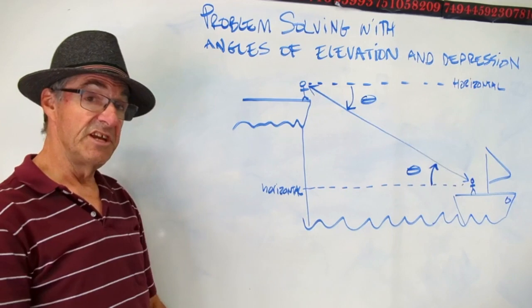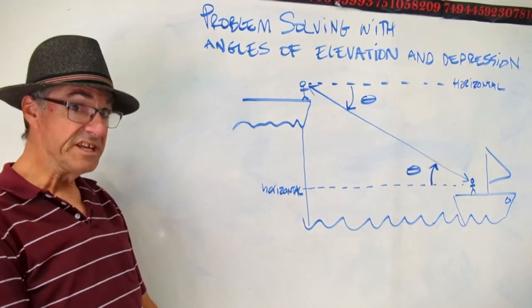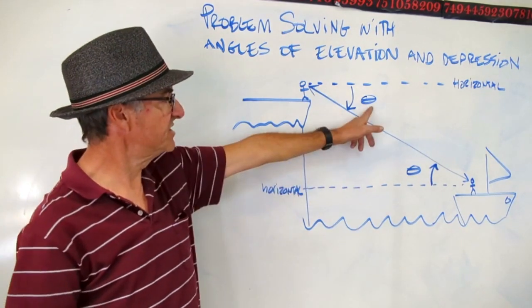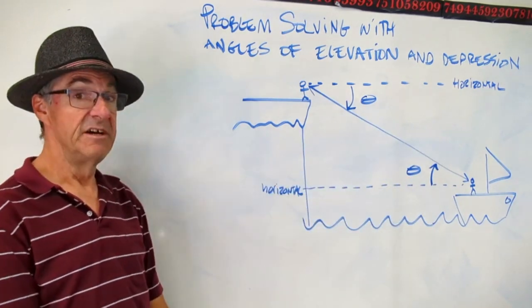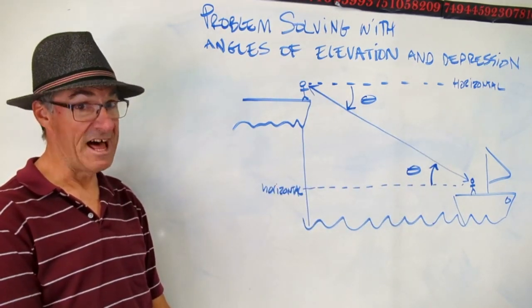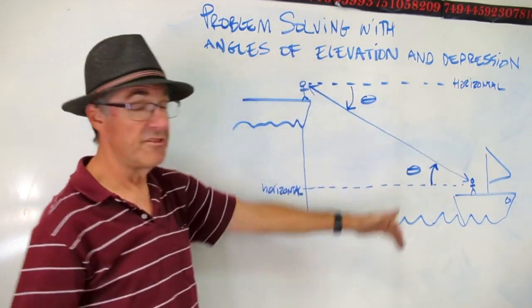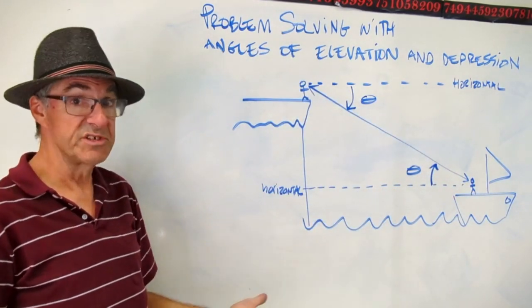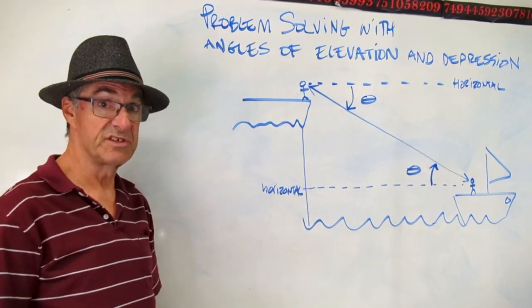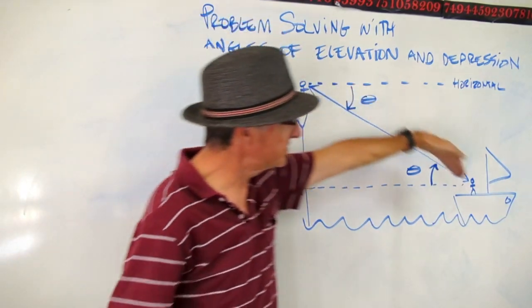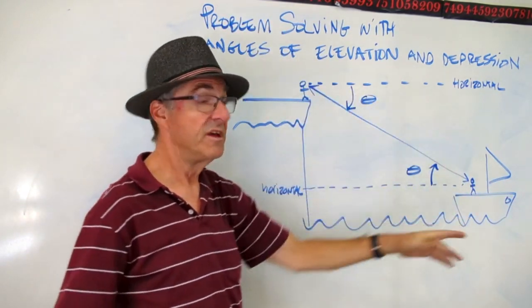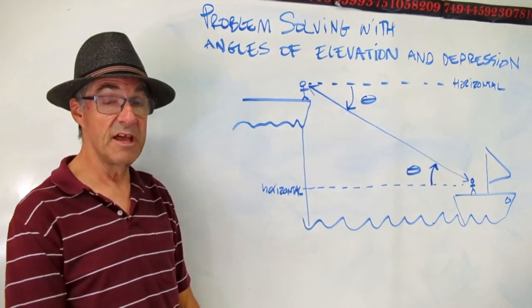Now, pause the video and think if you can find the reason why. If that's theta, so is that. This has to do with parallel lines. These 2 horizontals, the one up here and the one down there, they're parallel. Every horizontal line is parallel to every other horizontal line. So this line of sight, whether you're looking up or down, is cutting 2 parallel lines.